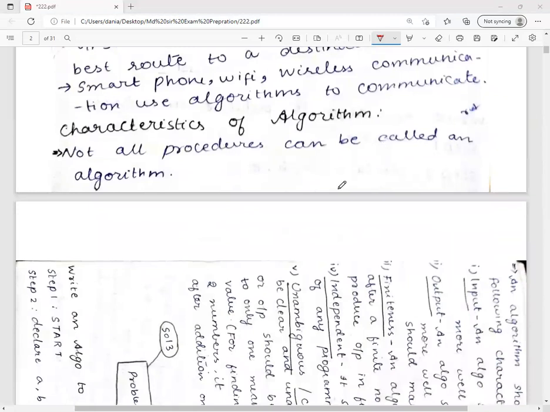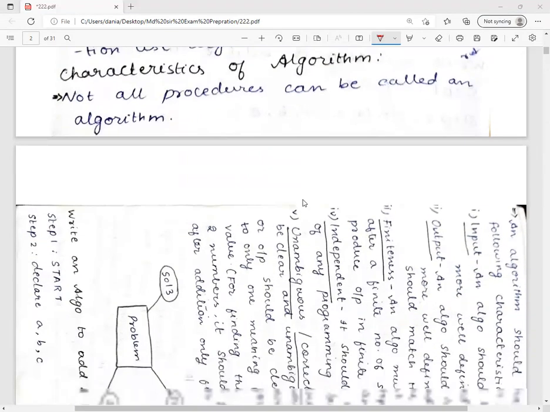Characteristics of an algorithm. Note, not all procedures can be called an algorithm.